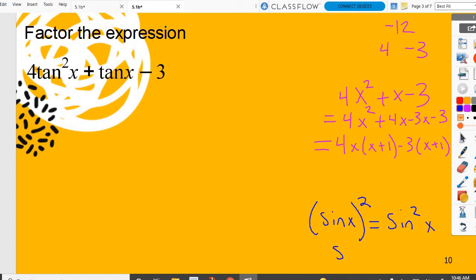We don't like to write the squared after it because then it looks like, or it is, x squared. You would have to put parentheses if you meant the whole thing squared. So that's why we tend to put it before the x, because then we don't have to write parentheses. That makes sense.